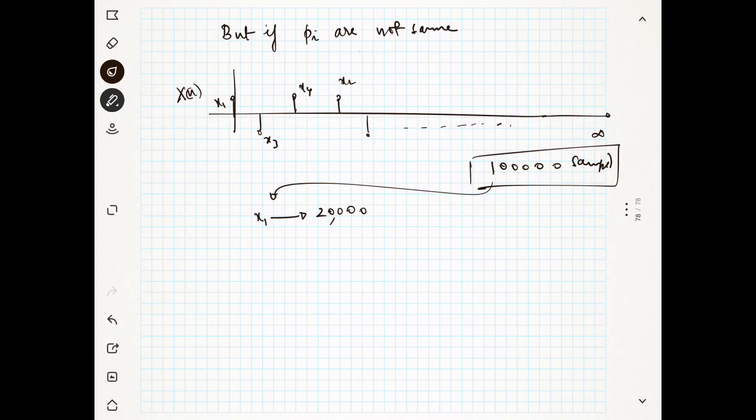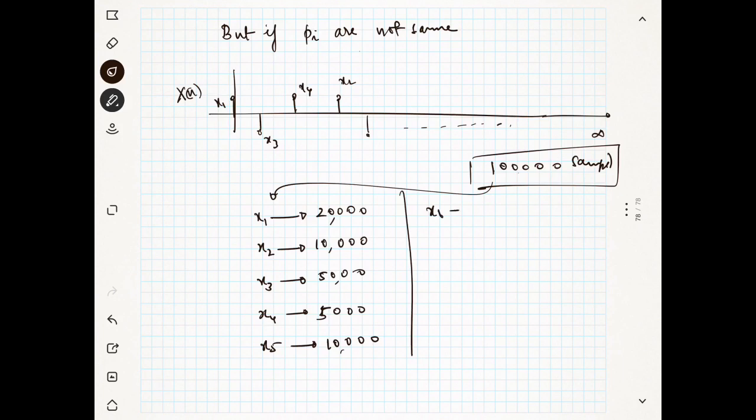You found that there are 20,000 x1, 10,000 x2, x3 maybe 5,000, x4 also 5,000, x5 maybe 10,000.